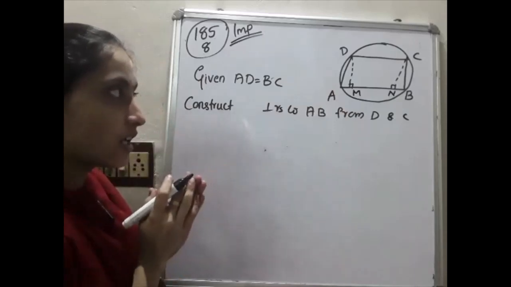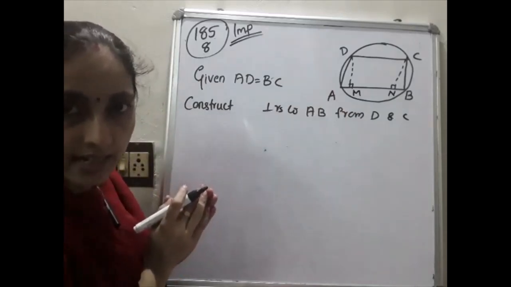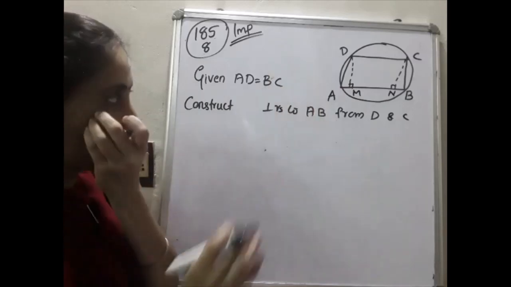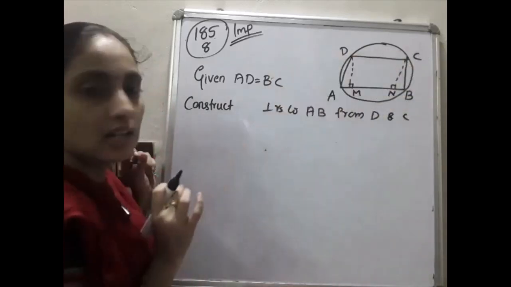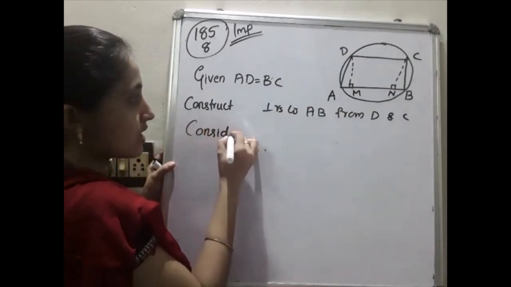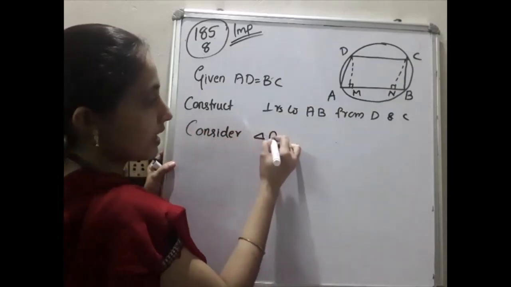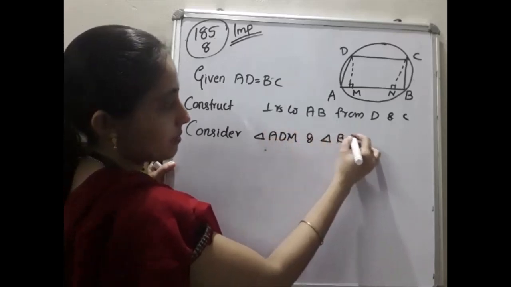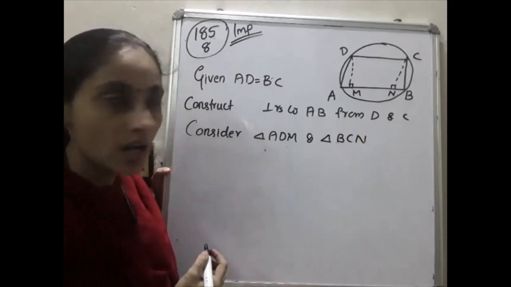So can we prove the congruence here? I will explain the purpose of congruence. Can we prove these two triangles are congruent? Which are the two triangles? Triangle ADM and triangle BCN. So how will you prove the congruence?